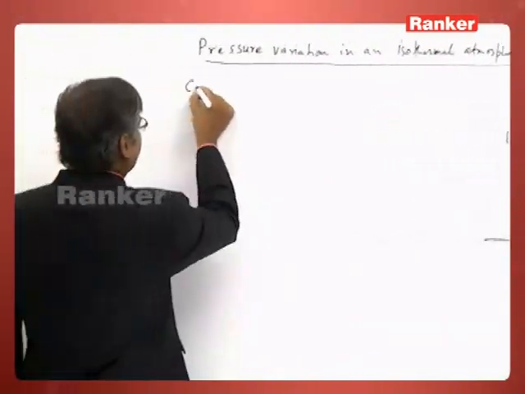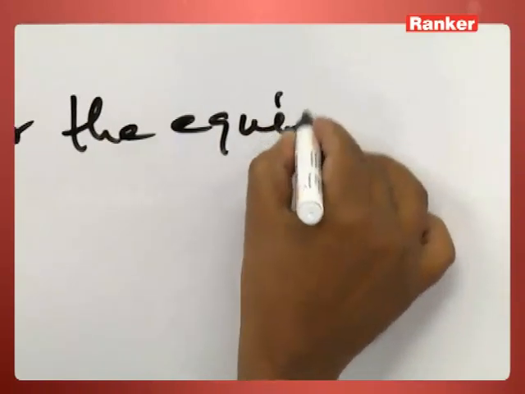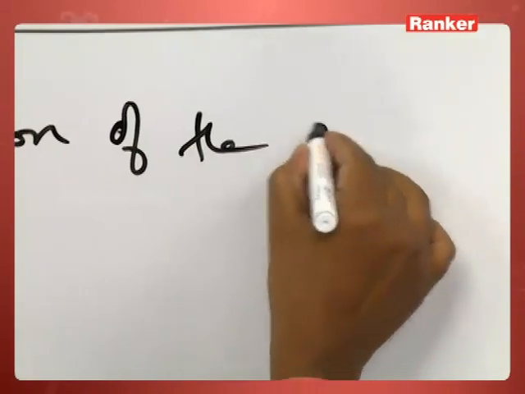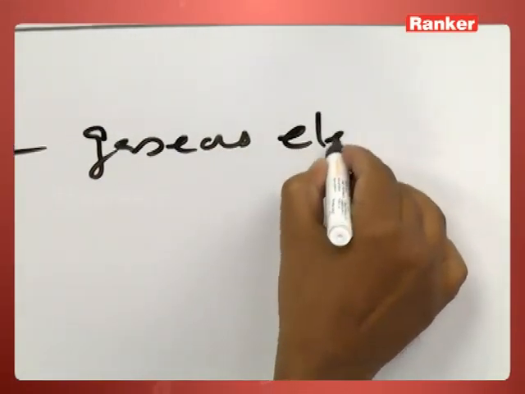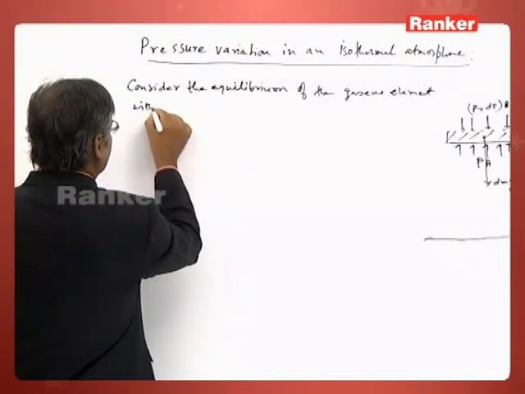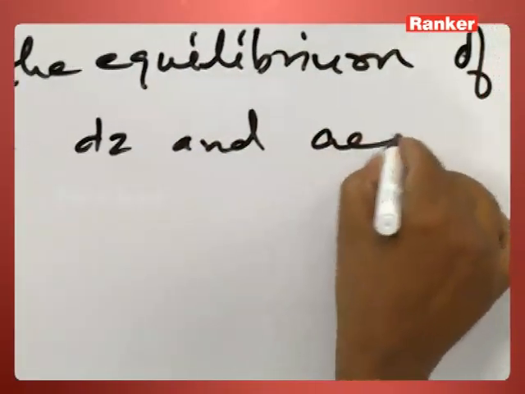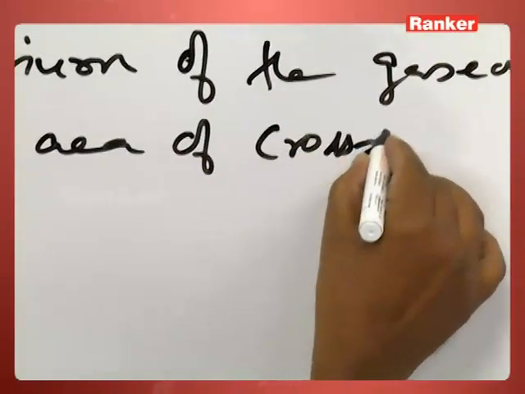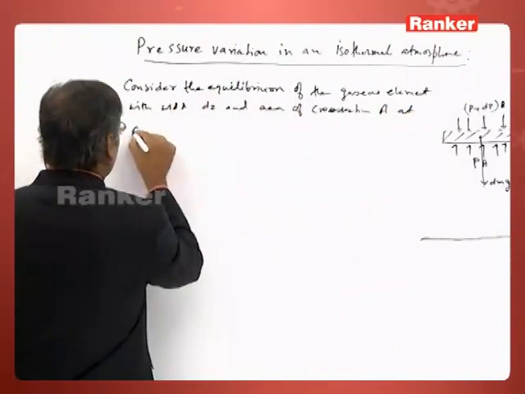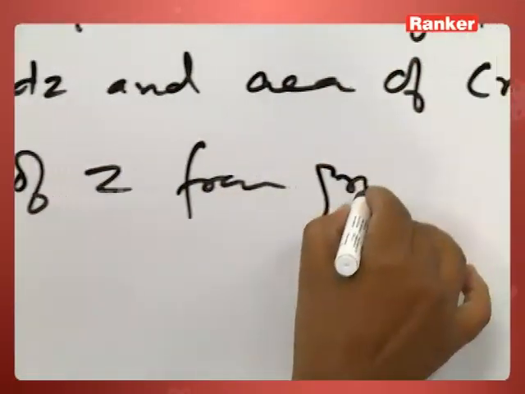So consider the equilibrium of the gaseous element with width dz and area of cross section A at a height of z from ground.